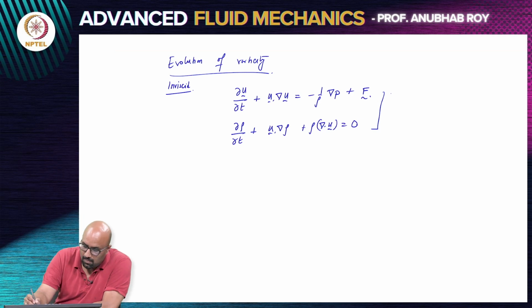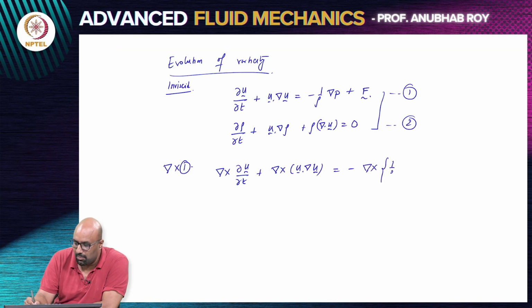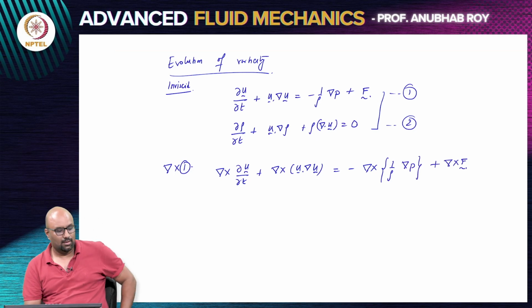Now, if I take curl of the first equation, so curl of the first equation would be curl of dou u dou t, curl of u dot del u, minus curl of 1 by rho grad p, and curl of F, the body force part.